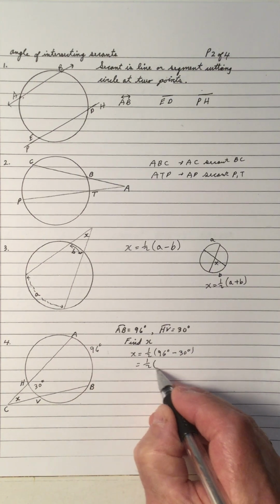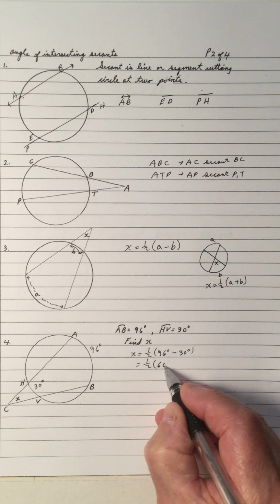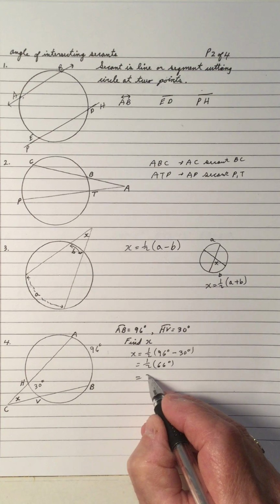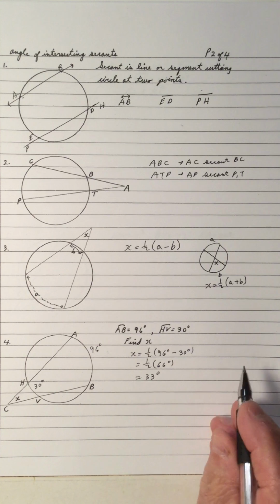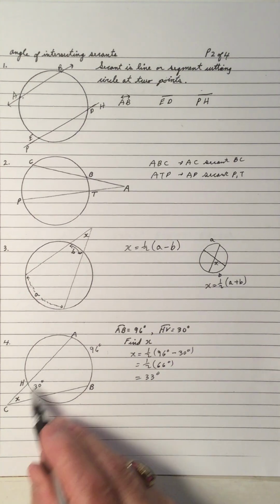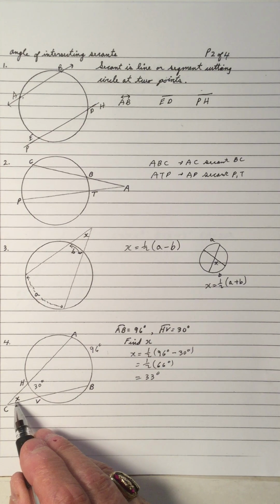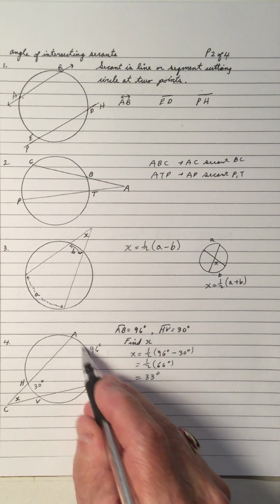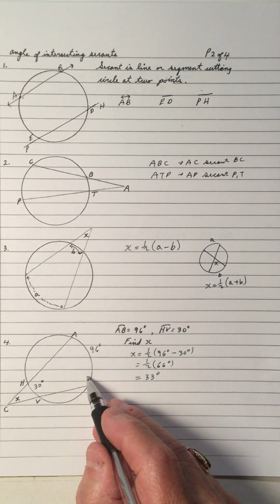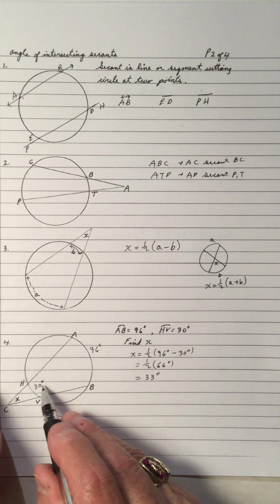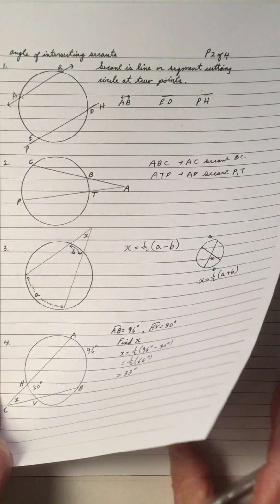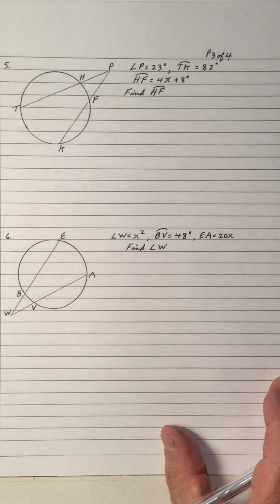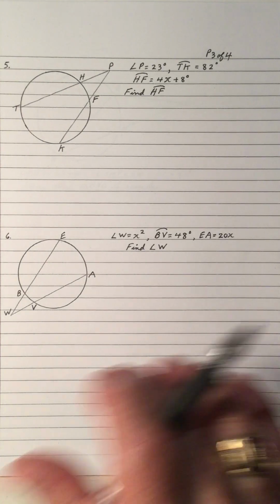So that's a half of 66, and a half of 66 is 33. So two secants intersect, so the angle outside is a half of the difference of the two arcs. So the larger one goes first, smaller one goes second. Okay, let's continue with more.